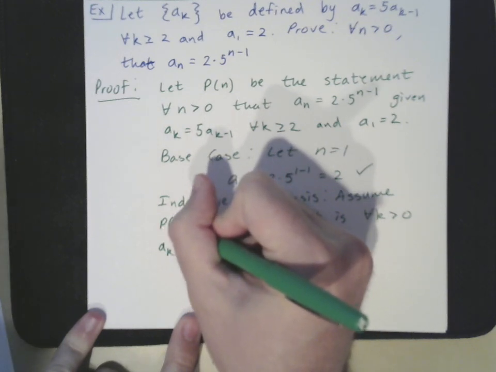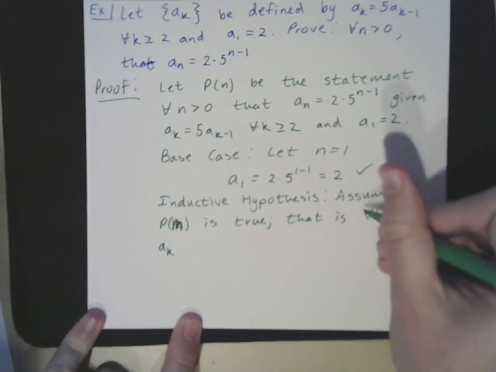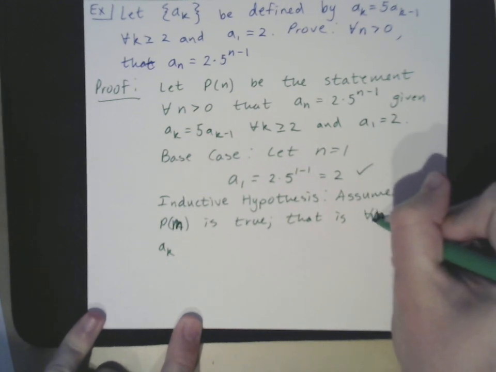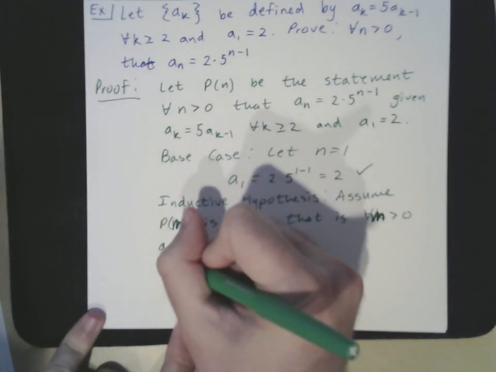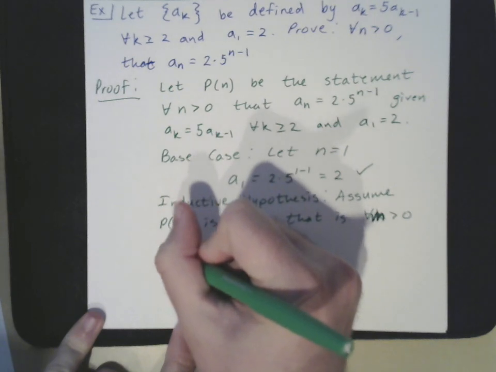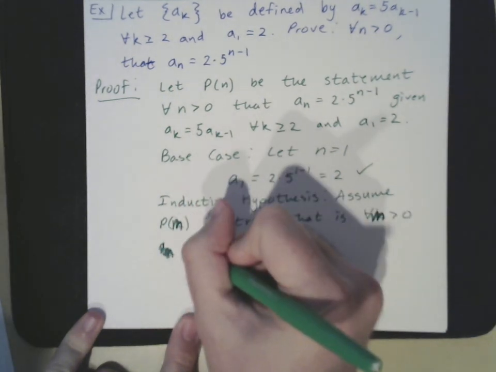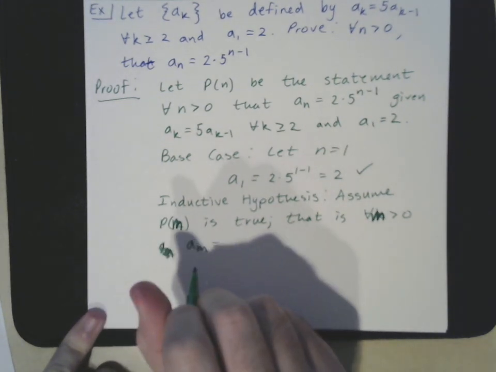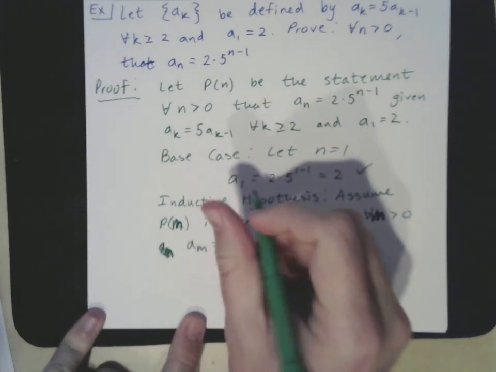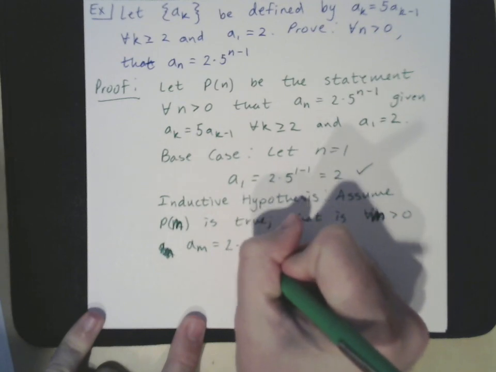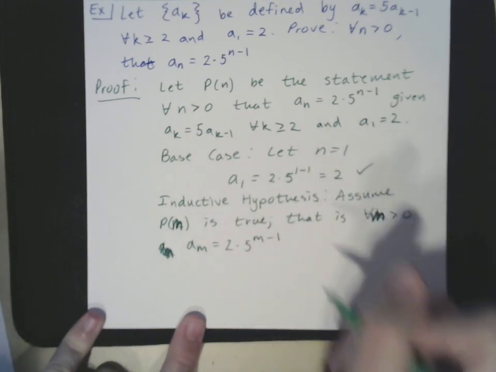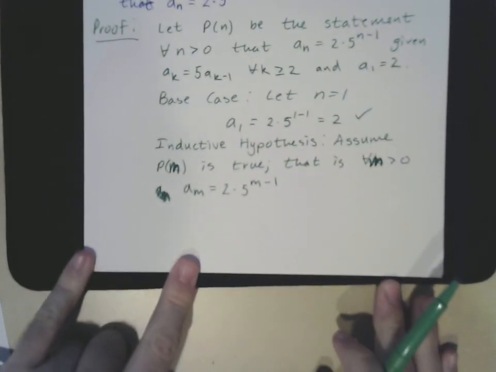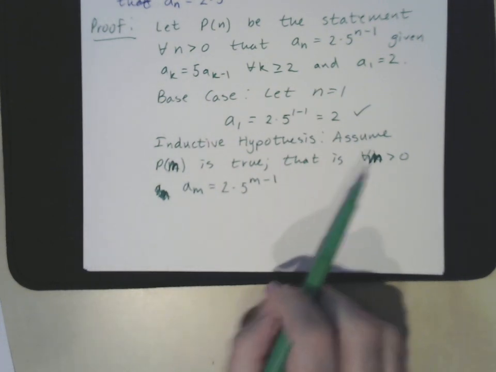Let's change to m. I'll just rewrite this. A sub m equals 2 times 5 to the m minus 1, only because we already have the k's up there, so we don't want to get confused. So this is m and m.